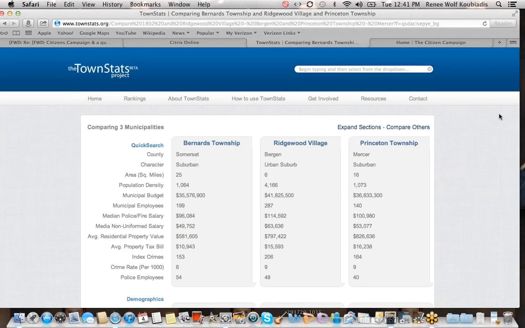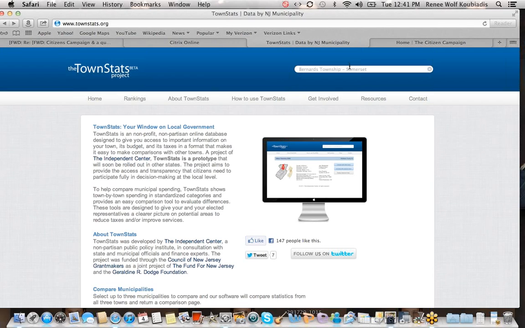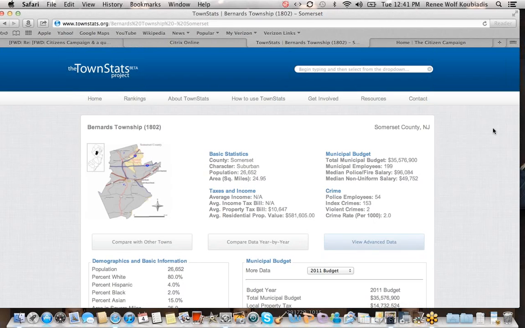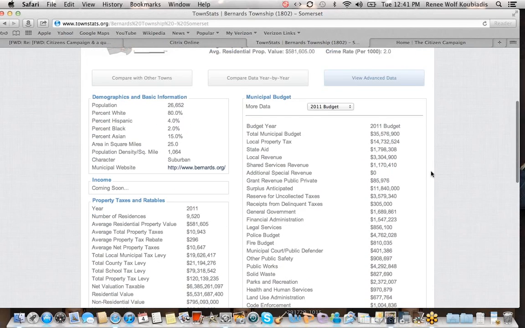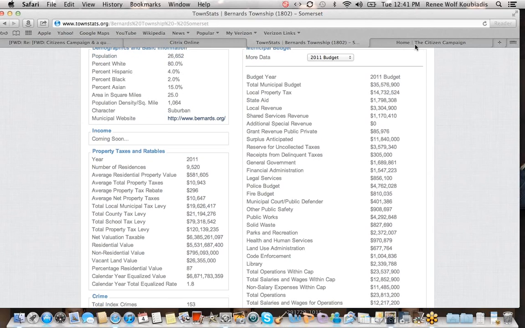We're on the town stats page, and I just want to show you very briefly how we do comparisons. If you were in Bernards Township and you had the Bernards Township data, and you looked at the advanced data on the town that's available: demographics, property tax and rateables, municipal budgets. Probably the most important part of Town Stats is that we can compare.